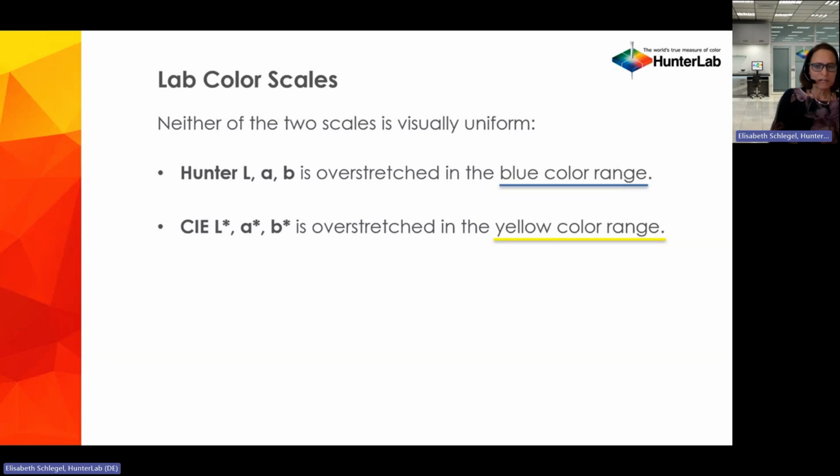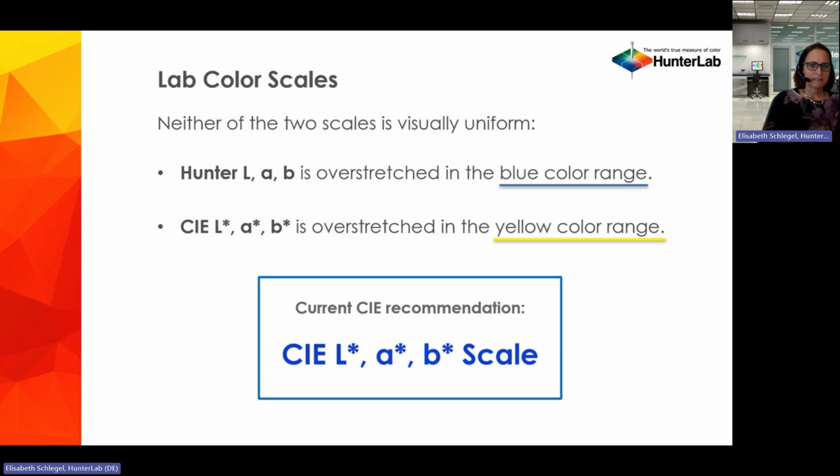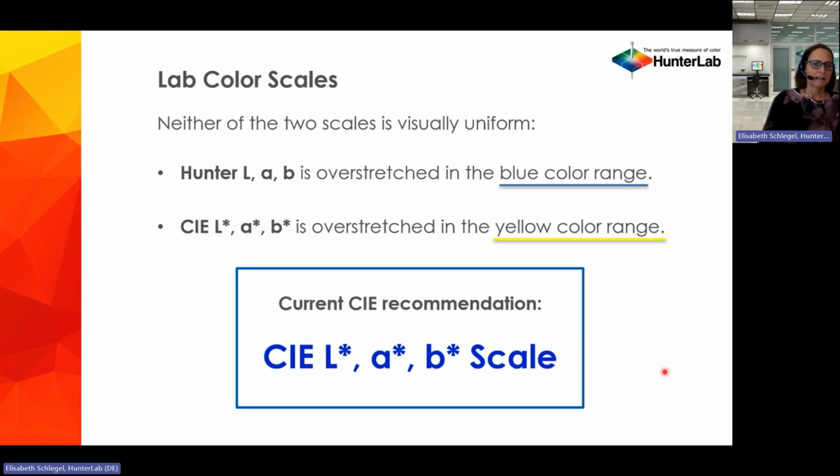So what do we recommend to use for measurement? That's clearly nowadays the CIELAB scale. That's mostly used, and so you can easily communicate with other companies as well.